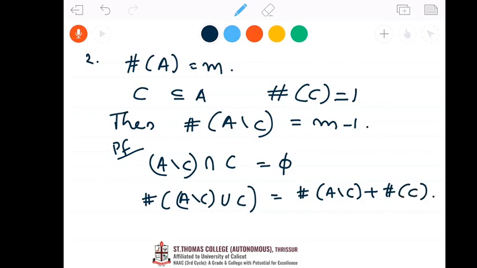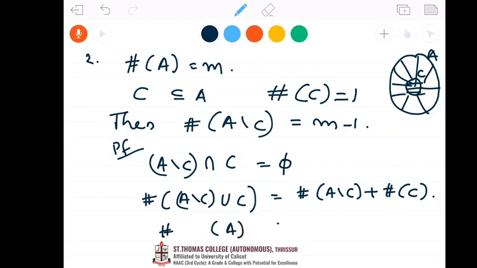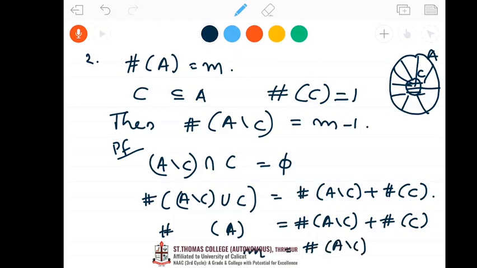What is A minus C union C? So this is A, this is C. A minus C is this set, union C. So you will get the entire A. So A minus C union C is nothing but A. So number of elements in A is equal to number of elements in A minus C plus number of elements in C. We are given that number of elements in A is m, and we don't know the number of elements in A minus C, and it is given that number of elements in C is equal to 1.